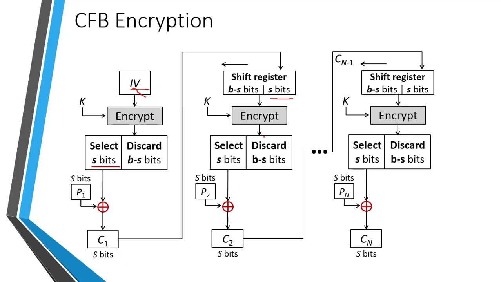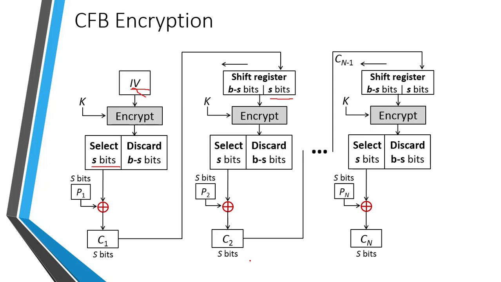Then the content of the shift register is shifted by S bits, and C1 is placed in the rightmost S bits. Then the encryption function is applied, S bits of its output are selected, and the next S bits of plaintext are exclusive OR with them, and C2 is generated.